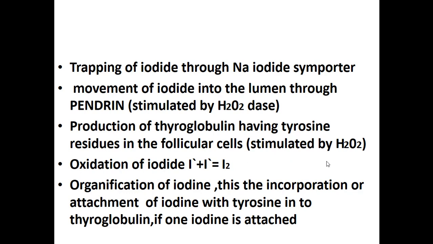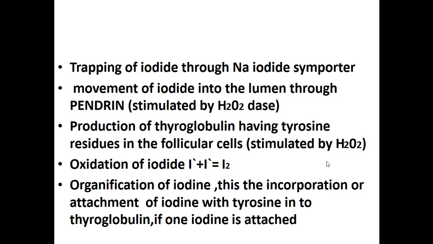Now, the different steps. You can't understand all the steps through this written form. I will make you understand through a handmade diagram, but just for making notes or just to understand: the first step in the production of the thyroxine, the T3, T4, is the trapping of the iodine through a sodium iodide symporter.